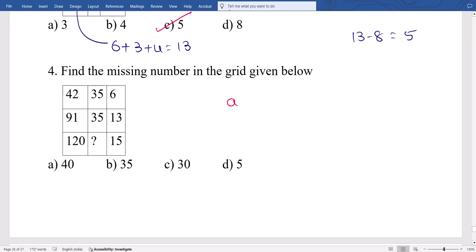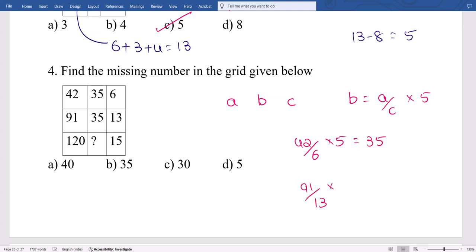Let's see row wise A, B, C. B is nothing but A divided by C into 5. 42 divided by 6 multiplied by 5 is 35. 91 divided by 13 into 5 is 35. 120 divided by 15 into 5 is 40. So middle number is like that. So option A is correct. Okay.